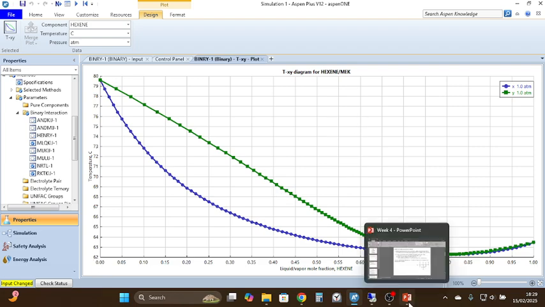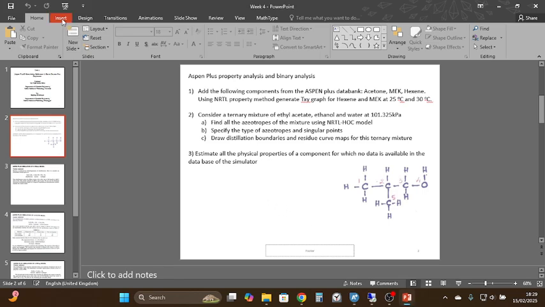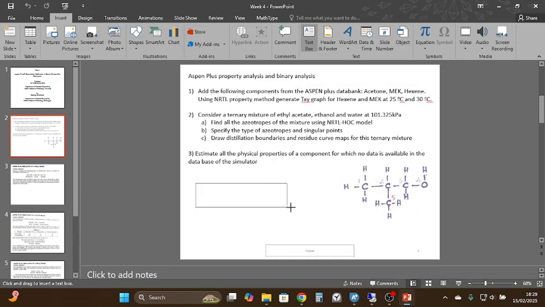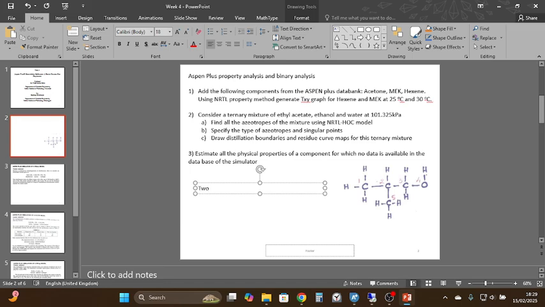We know that from this mass balance, if we have two components, let me name them C1 and C2, and we have the mole fraction of one component equal to x1, then the mole fraction of C2 can be evaluated as 1 minus x1, since x1 and x2 will be equal to 1, since there are only two components inside the mixture.